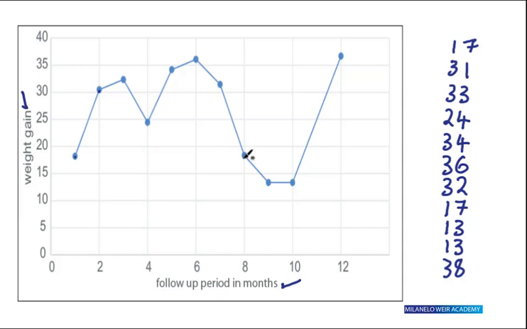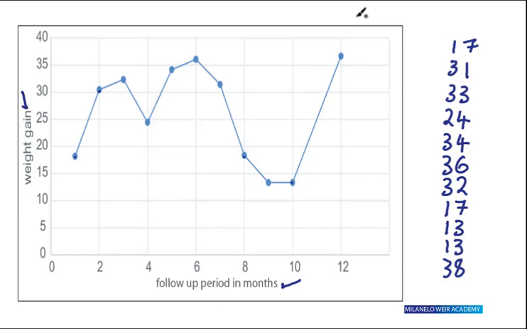It was somewhere around 17 where it started, then it went below 15, which is 13, then it maintained 13 for the 10th month. Then it went up to 38.